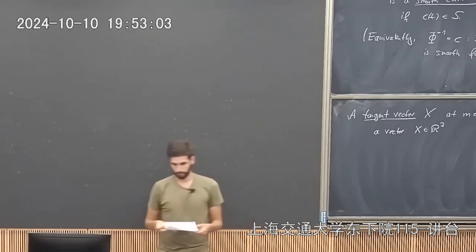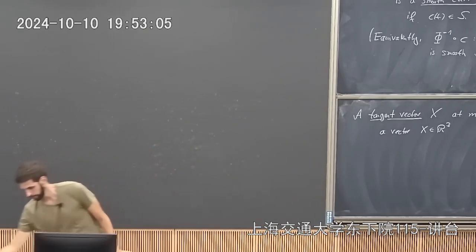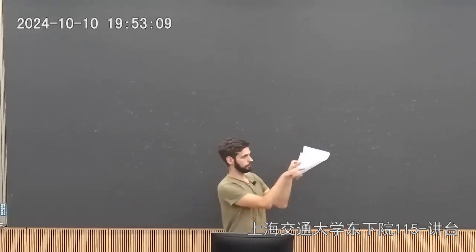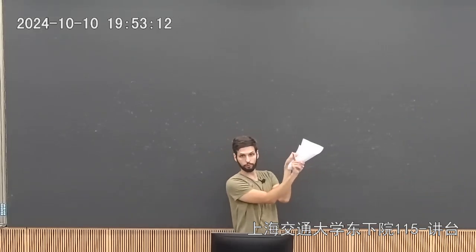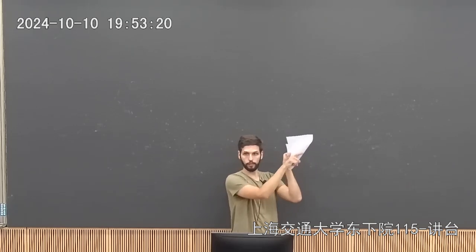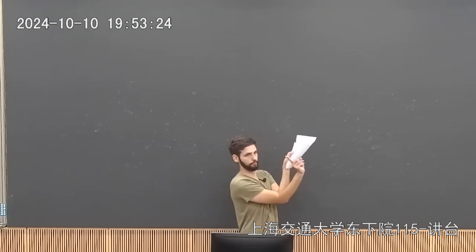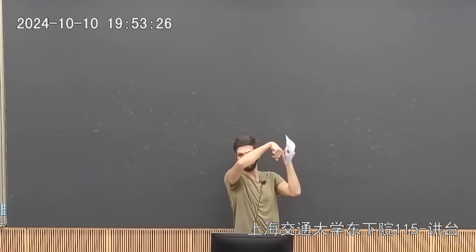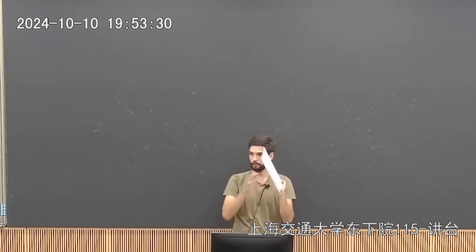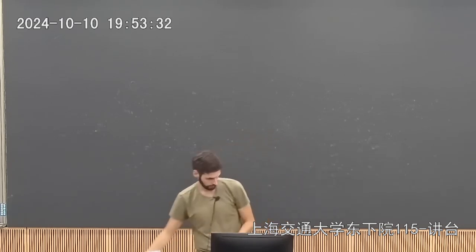If the surface looks like this, then of course I can say this one is a vector at that point, but it's not tangent to the surface. So what we would like to say is that it has to go along the surface, not something normal, not pointing down. We would like something going in the direction of the surface itself.